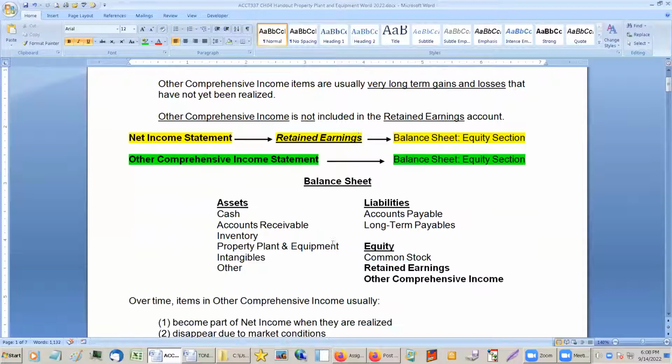So, coming down here, you'll see that we'll have the retained earnings. These are things that went through the income statement.